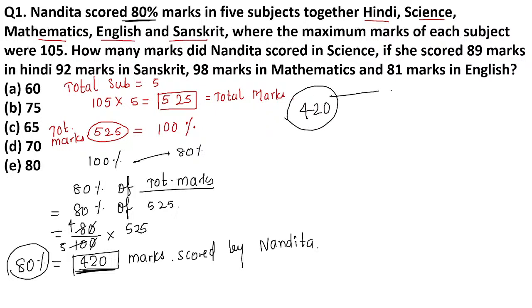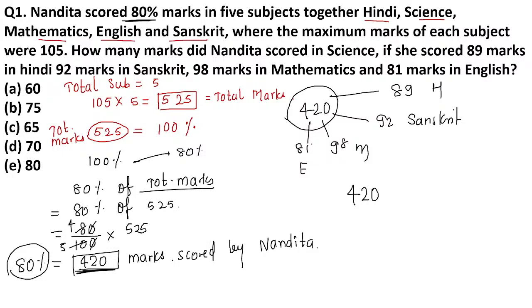Out of this 420, 89 in Hindi, 92 in Sanskrit, 98 marks in mathematics, and 81 marks in English. We have to find how much she scored in science. So 420 are the total marks. If I calculate English 81, mathematics 98, plus 92 Sanskrit and 89 Hindi, if I calculate the total, I'll get 360.